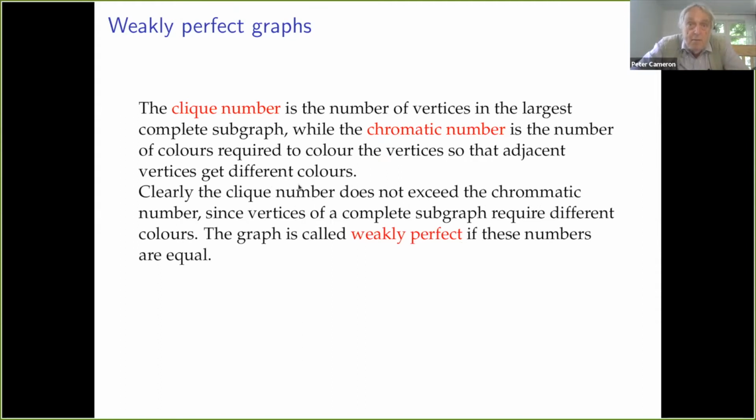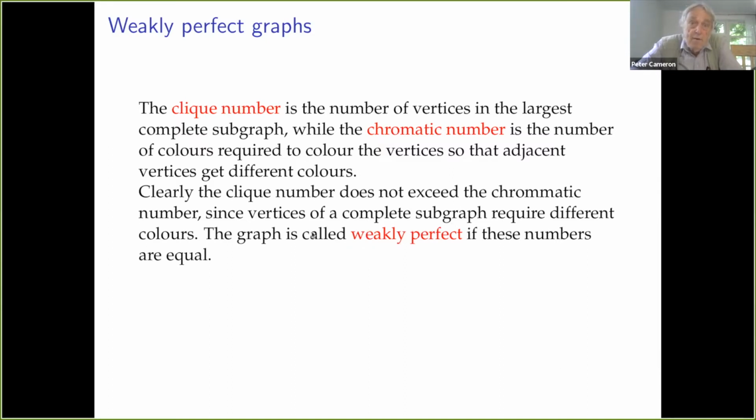Clique number can't be bigger than the chromatic number, because if you have a complete subgraph of size m, let's say, you're going to need at least m colors to color it so that the ends of an edge get different colors. So the chromatic number is at least as big as the clique number. If they're equal, the graph is called weakly perfect. I'm not terribly fond of that name.